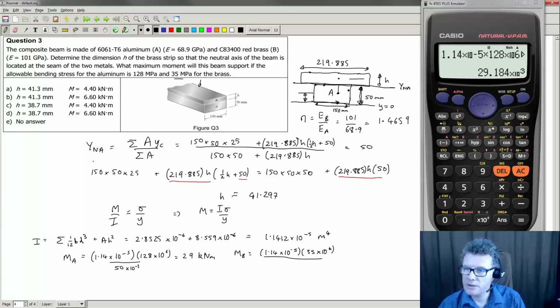And the extreme distance from here to here will be the H value we calculated, which was the 41.3 times 10 to the minus 3.